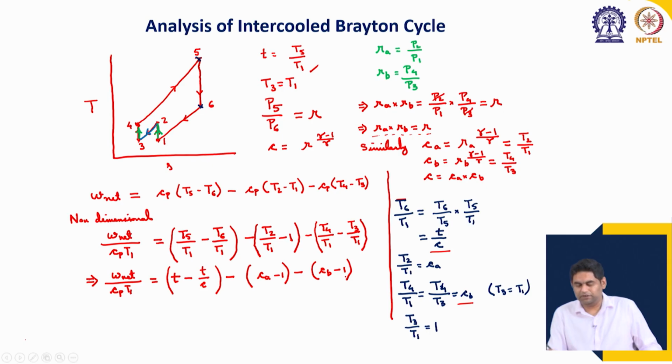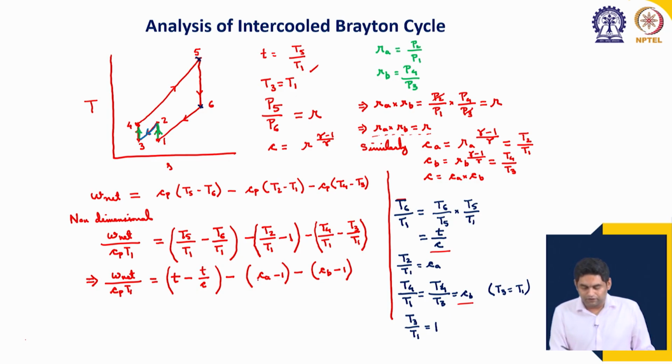So, this is the expression for net specific work output in non-dimensional form, where this Ca and Cb can be different, but the product of Ca and Cb is equal to C, and t is the temperature ratio.